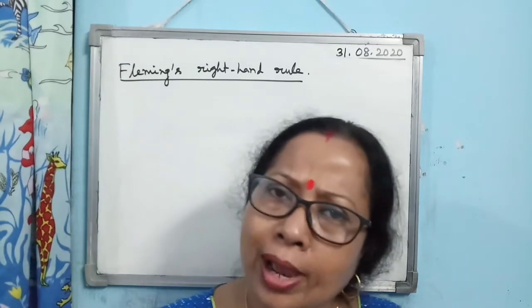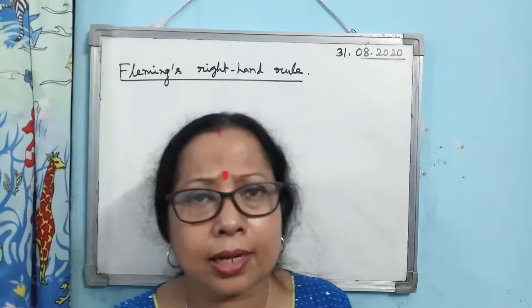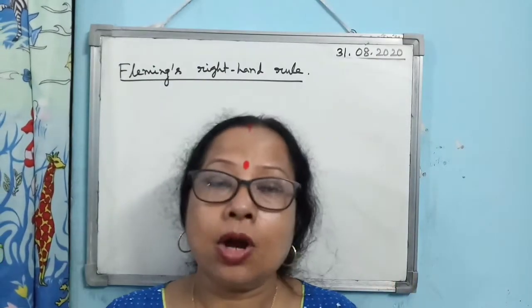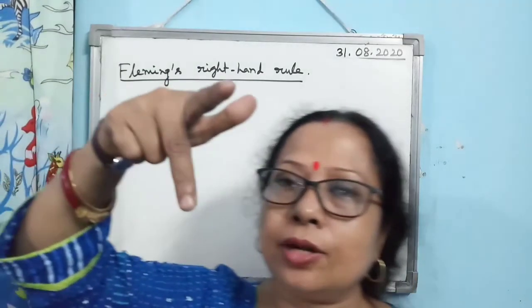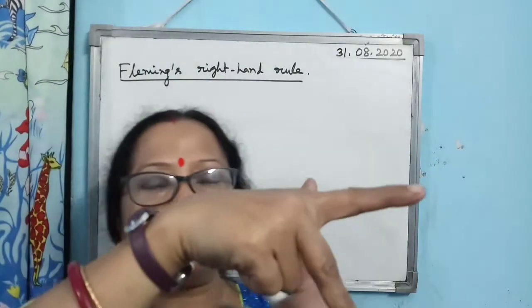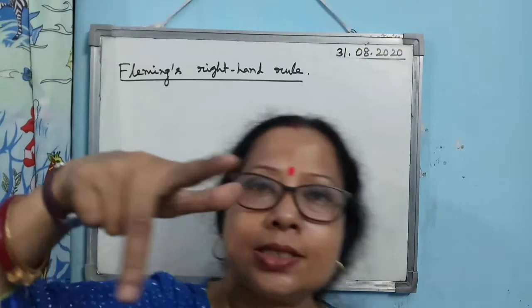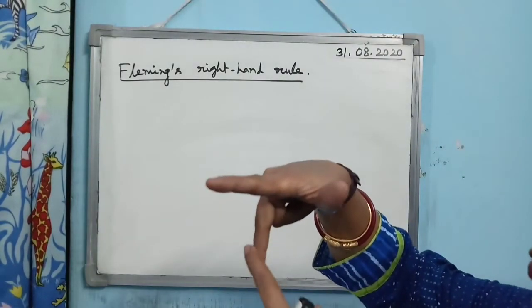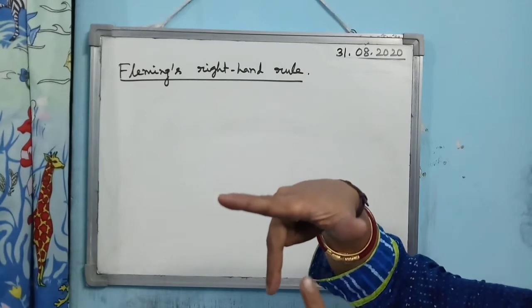This is nothing new I am teaching you, because in 10th standard, before the alternating current generator, you studied this. Alright, so what is Fleming's right hand rule? I hope you can see that you set the first three fingers of your right hand, the thumb, the first finger and the middle finger, perpendicular to each other.